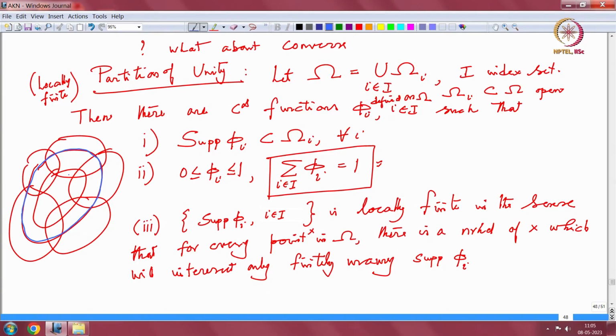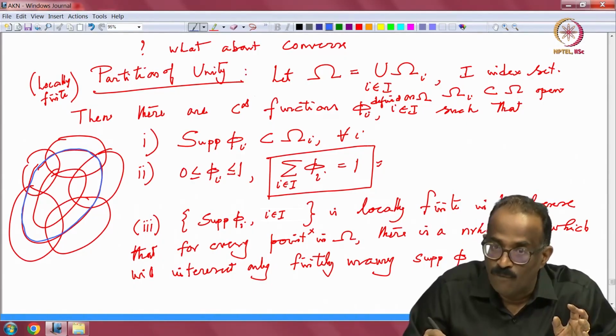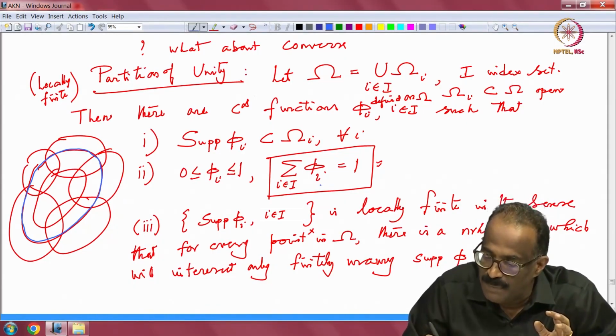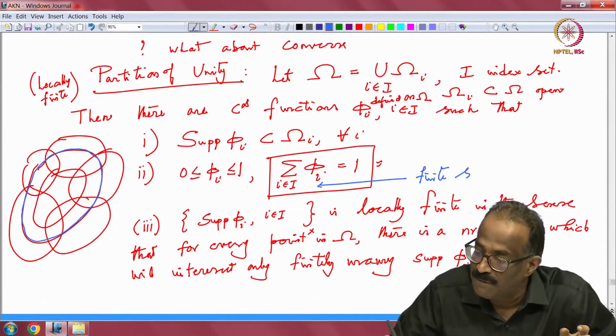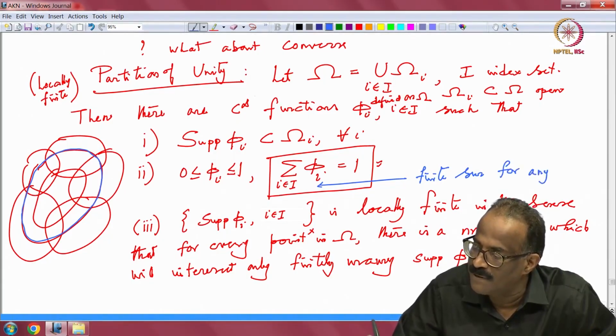Of course, in the picture I can't show infinitely many, but the support of phi_i will be on a subset. So you cannot have one support of phi_i intersecting infinitely many supports of phi_j. Because of that, for every x this will be a finite sum. That finiteness may change with x, but it is actually a finite sum for any x in omega.